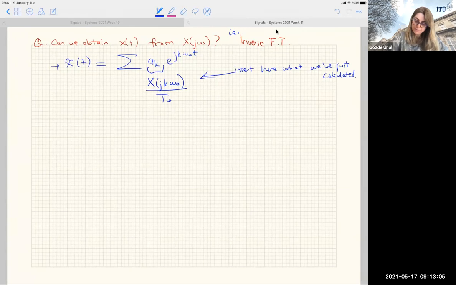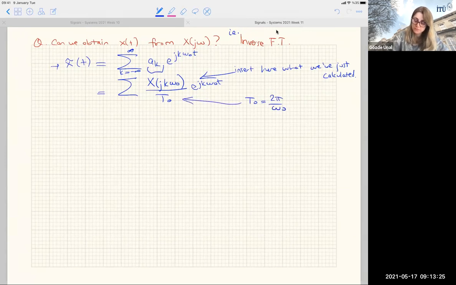So now, guys, this was a sum over k from minus infinity to infinity of e to the j k omega 0 t, okay? Now, what is T0? T0 is 2 pi over omega 0, right?